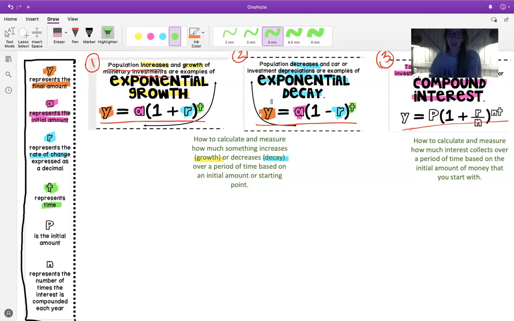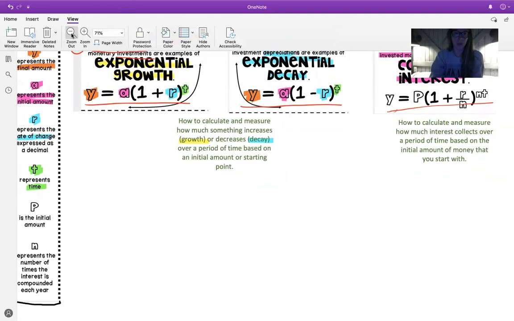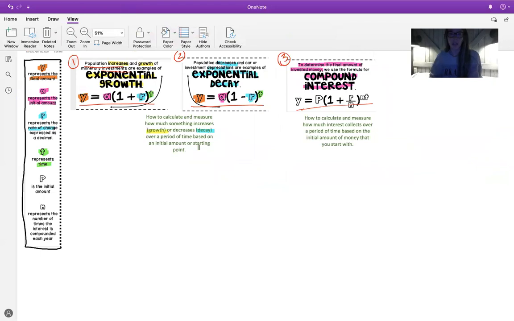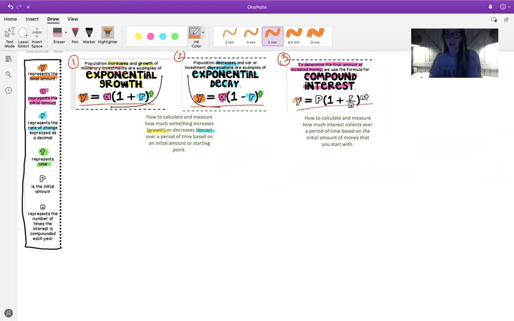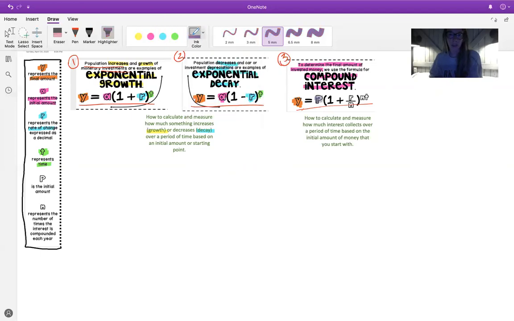All right, so now let's look at our compound interest, which has some similar variables. Again, we have that y value. That's going to be your final amount, your final compound interest. This next one's going to be a little different. This one has a P value instead of an A, but it's essentially the same thing.